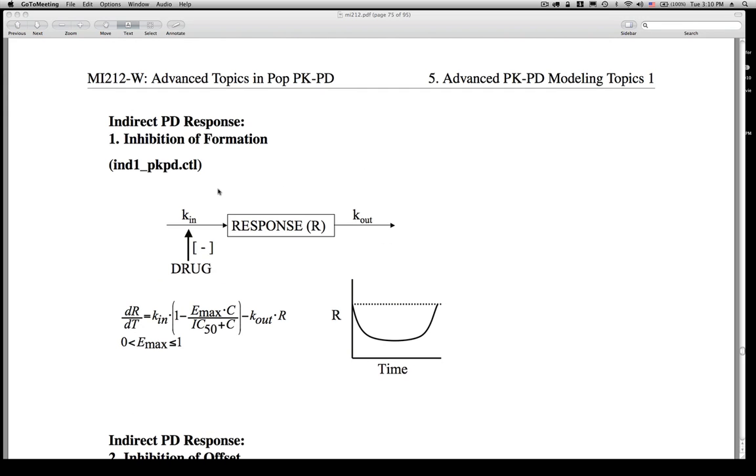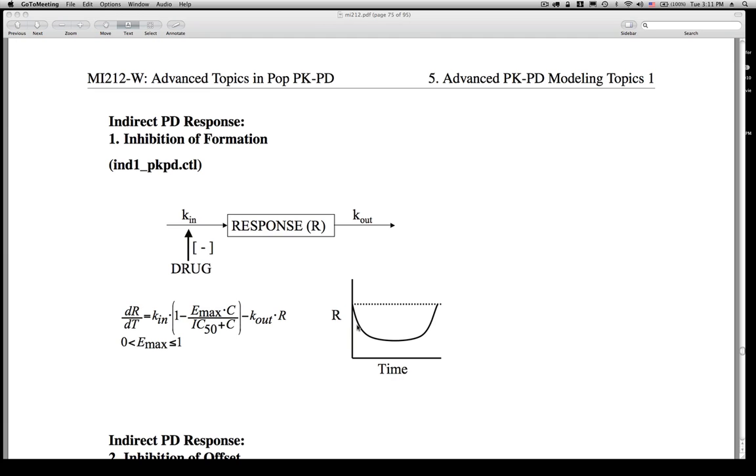So let's look at the first, inhibition of formation. This is one where the drug effect works on K in, and in fact the drug inhibits the formation rate. This is a zero order rate. So dR/dt is then described by K in times some inhibitory Emax function minus K out times response.